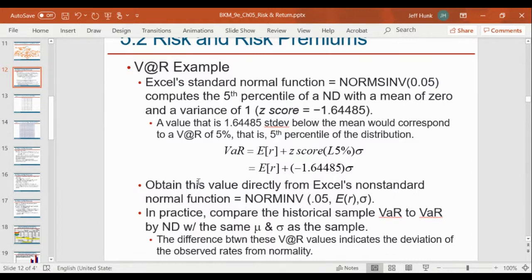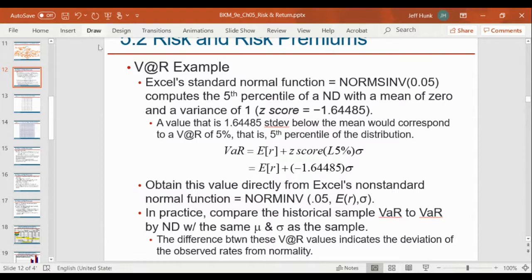That would give us the return, the return that you get in the worst case scenario.